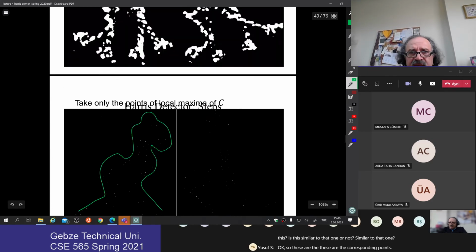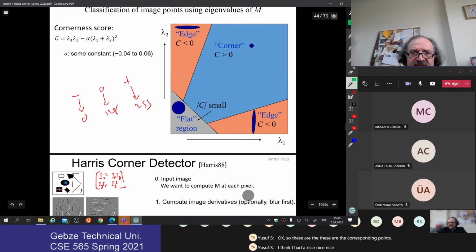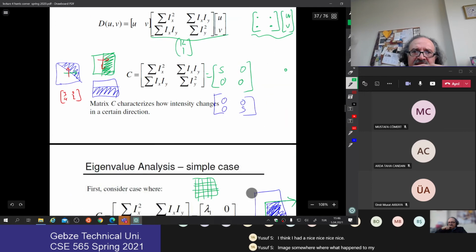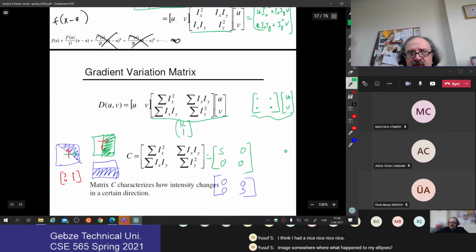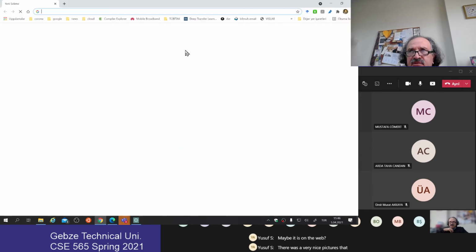I think I had a nice image somewhere. What happened to my ellipses? Come on, I need to find it. I think maybe it is on the web. There was a very nice picture that visualizes those ellipses.